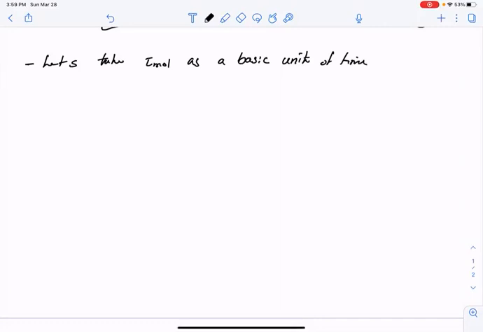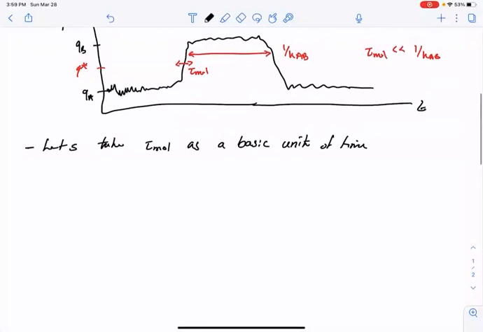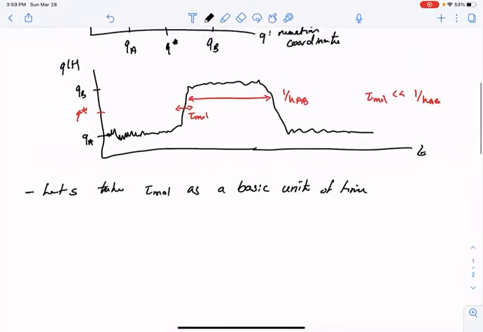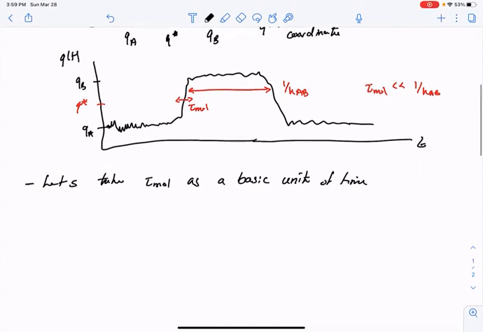Again, it's the time it takes to, when primed, to go between A and B. It's the time it takes to actually traverse that barrier. So on average, if we wanted to see a barrier crossing, we have to wait some multiple of tau mole.